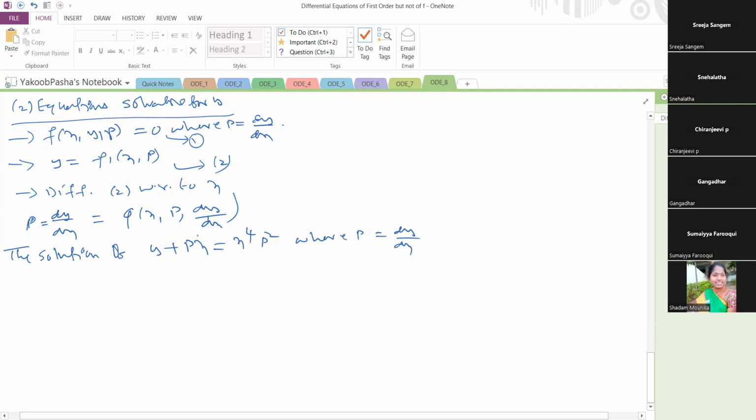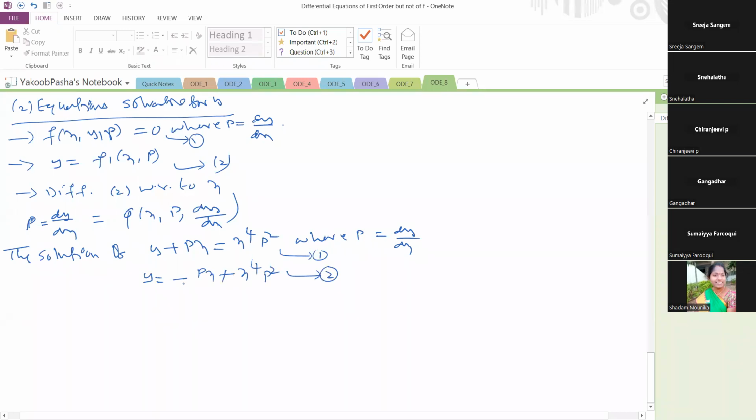So it is difficult to write the x value. So it is easy to write the y value. So we can write y is equal to minus px plus x power 4 into p square. This is equation 1 and this is equation 2.